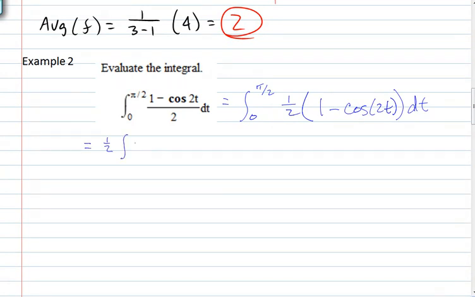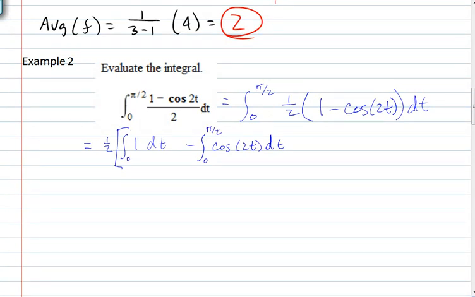And then I've got the integral of 1 dt minus 1/2, because it's out front, or I could just leave it in brackets, the integral of cosine 2t dt, and these both go from 0 to pi over 2.